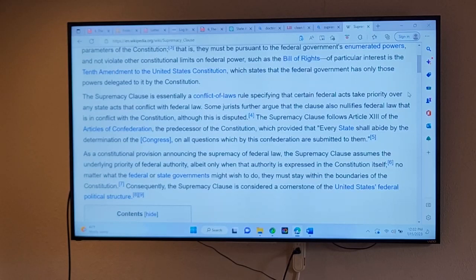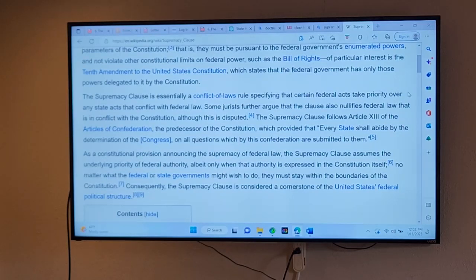The Supremacy Clause follows Article 13 of the Articles of Confederation, the predecessor of the Constitution, which provided that every state shall abide by the determination of the Congress on all questions which by this confederation are submitted to them. As a constitutional provision announcing the supremacy of federal law, the Supremacy Clause assumes the underlying priority of federal authority, albeit only when the authority is expressed in the Constitution itself.